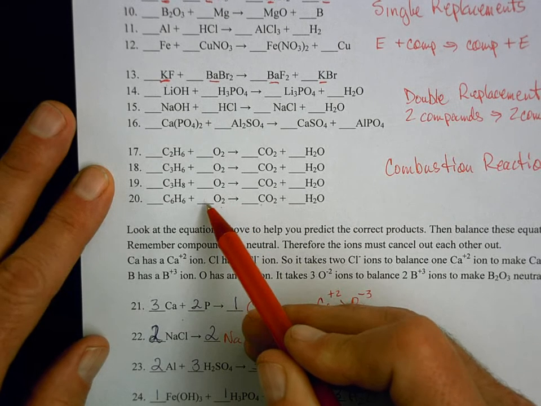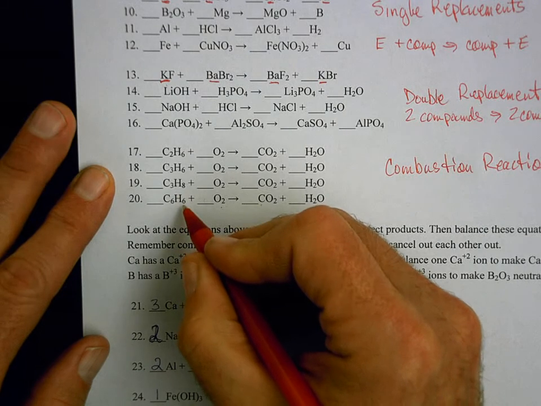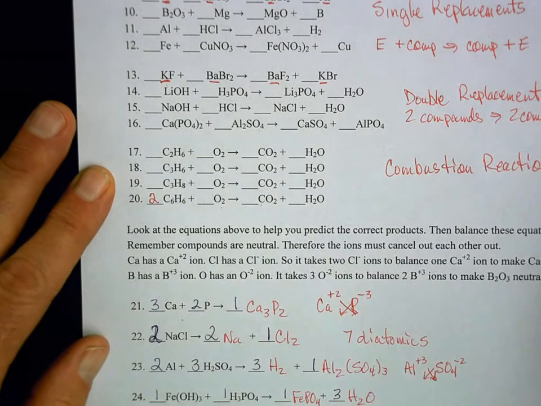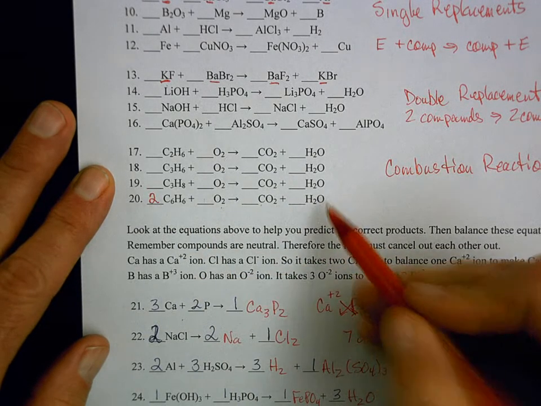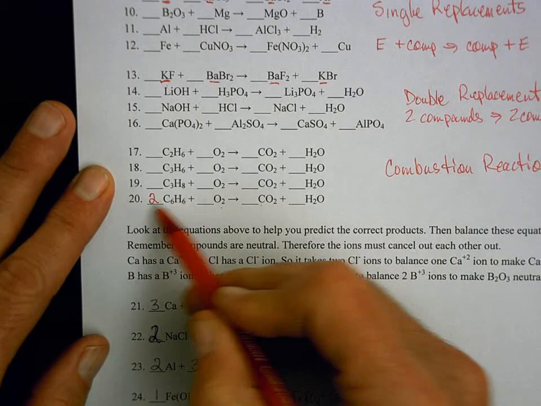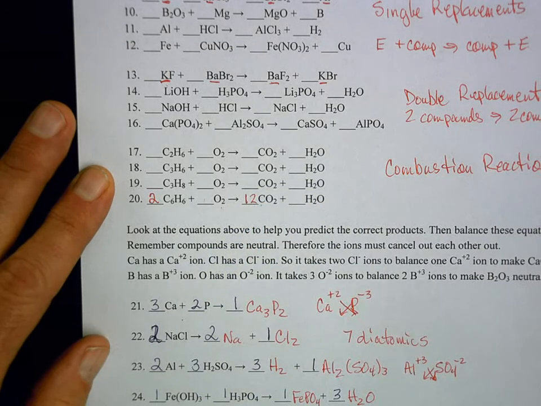And so it's because of that concern that when I look at the hydrogens and I say, hey, if it's cut in half and it's odd, put a 2 there first before you then do the carbons. That is why. That will make sure that the oxygens over here remain even. And so by putting a 2 here, I see 2 times 6, that's 12. So I need a 12 there.